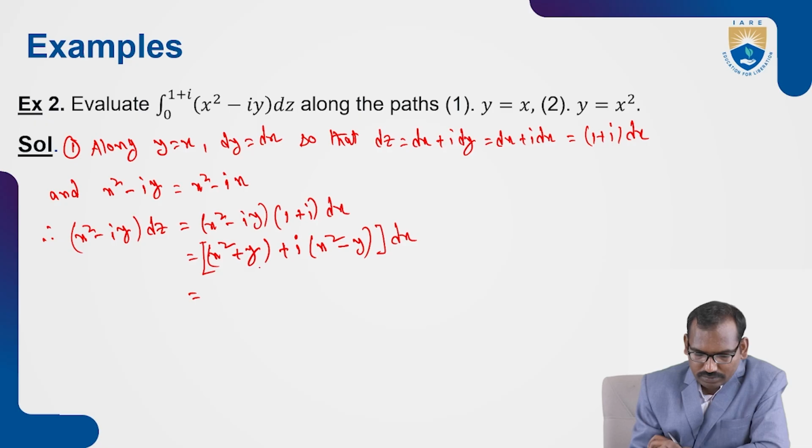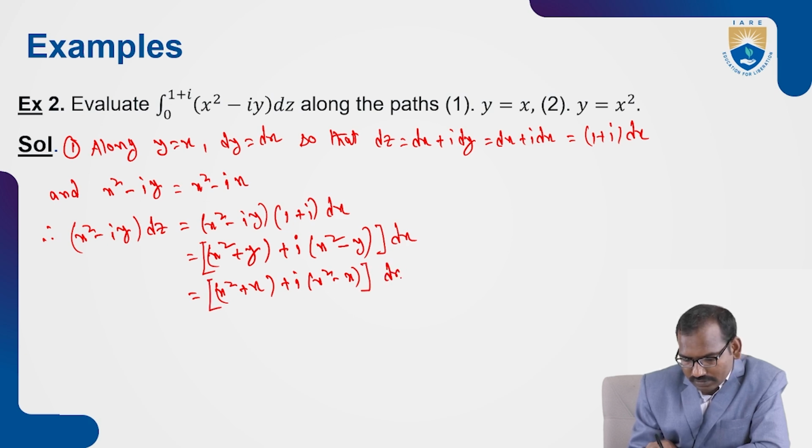Now we know what y is. y is nothing but x. So I can write x square plus x plus i times x square minus x dx, since y is x.